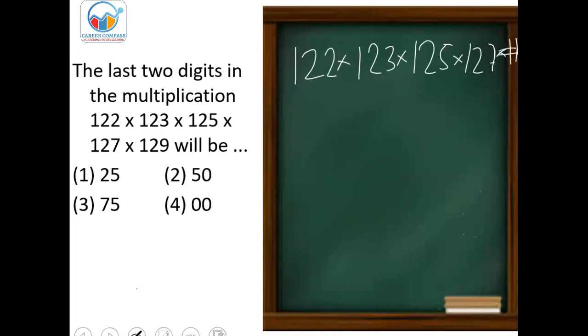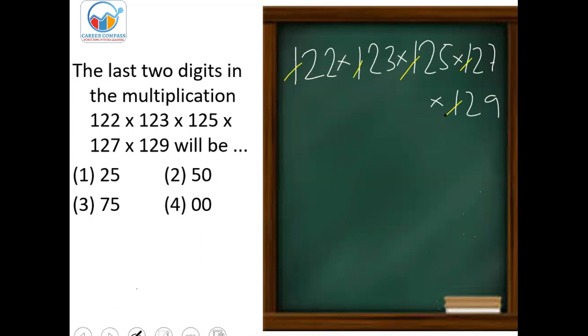Okay, let me cut it out from here. We have one more number, that is 129. First of all, if I'm finding the last two digits, I may jolly well exclude the third digit. It's not important for me because I'm only looking at the last two digits of the final product.